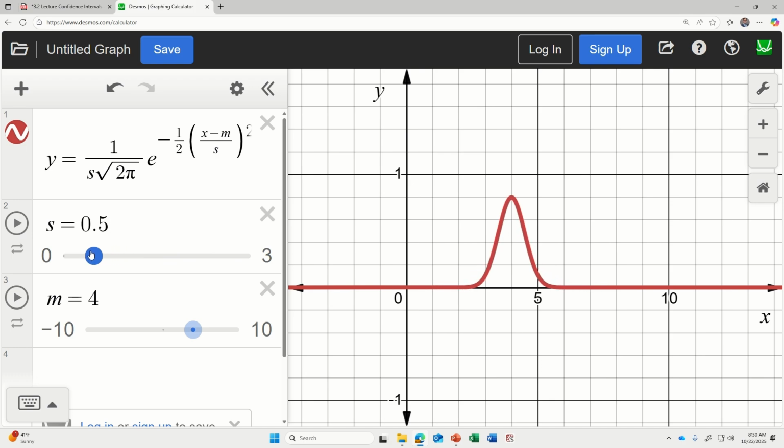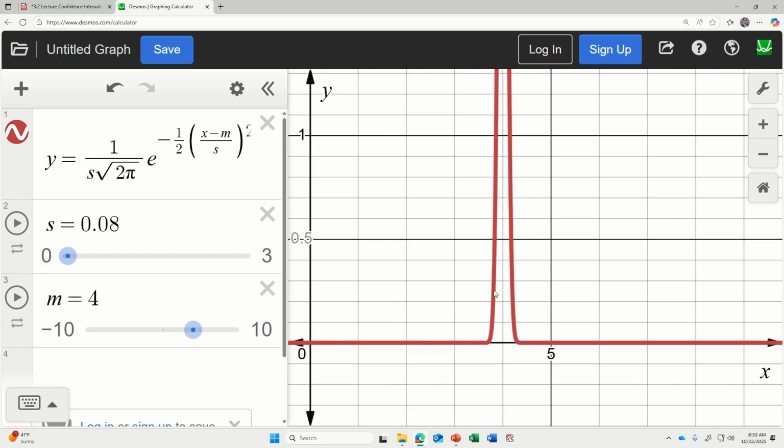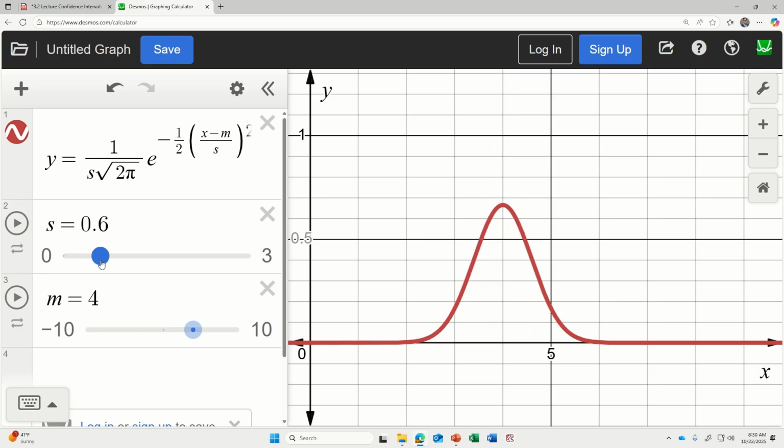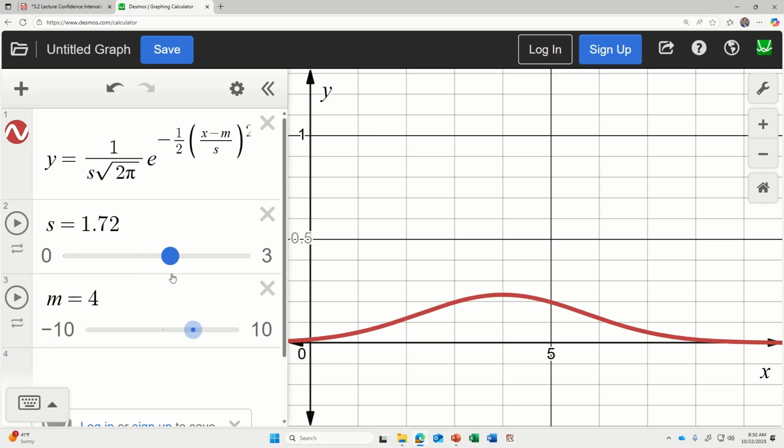Right? So with a small standard deviation, it's really unlikely that I'm going to get an outcome that's far away from the number 4. All of the probability is really concentrated close to the mean when I have a small standard deviation. And whenever I have a large standard deviation, it spreads the probability out.